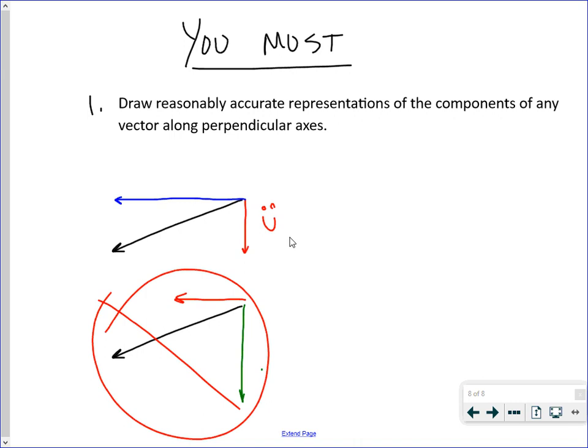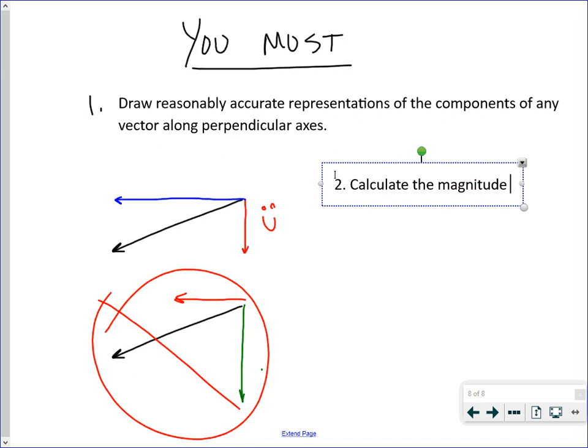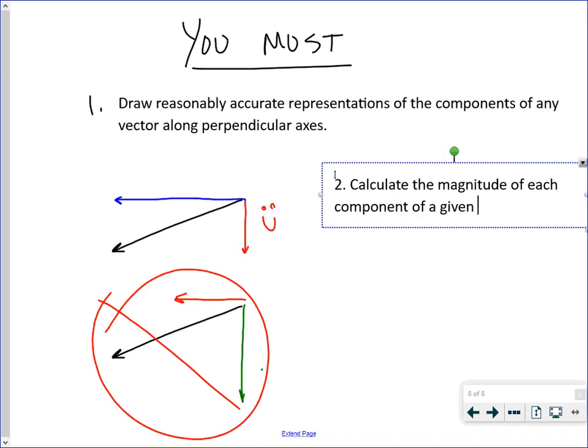And two is, let's say two, calculate the magnitude of each component of a given vector.